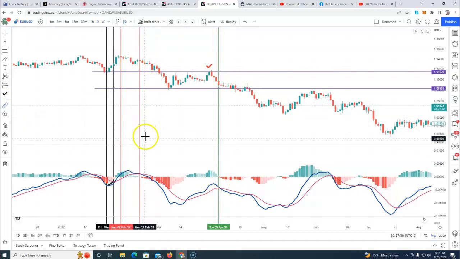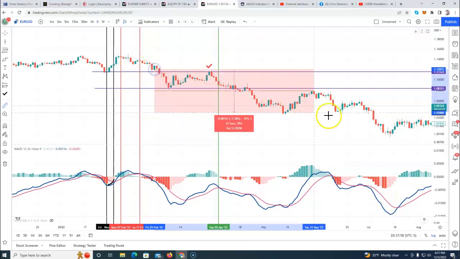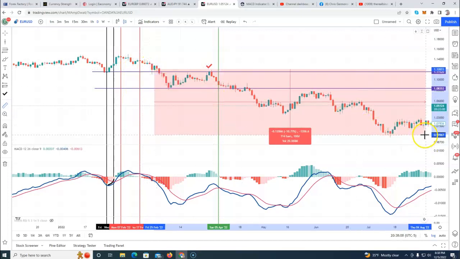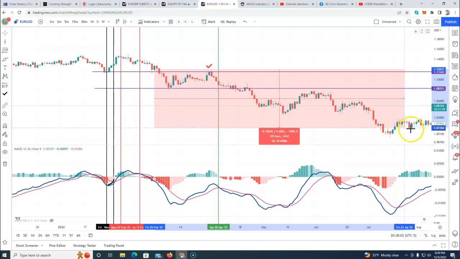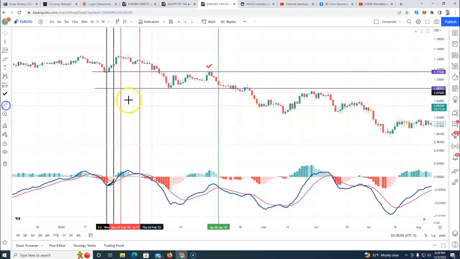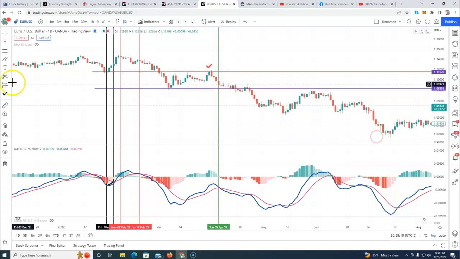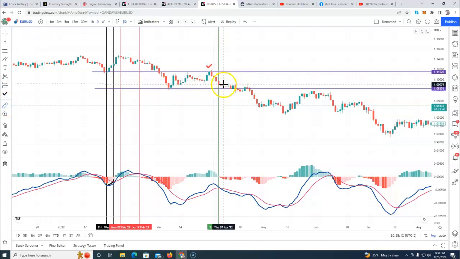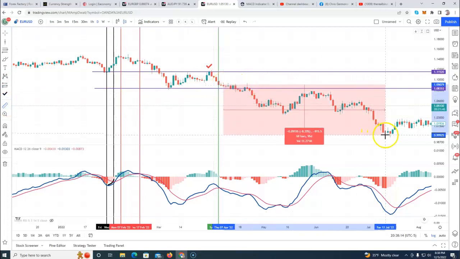So if you entered from here down, you're talking 1200 plus pips. If you entered on this confirmation down, actually this price pushed up first, so let's go right to it. Down, you're talking 950 pips.